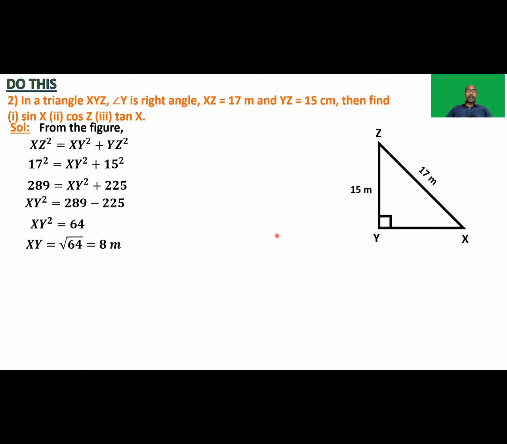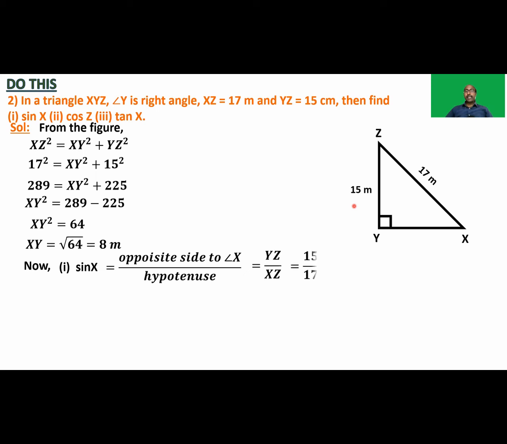Now we have all the sides of the triangle XYZ. Now take first one, sin X. Sin X is equal to opposite to angle X by hypotenuse. That is YZ by XZ and is equal to 15 by 17.